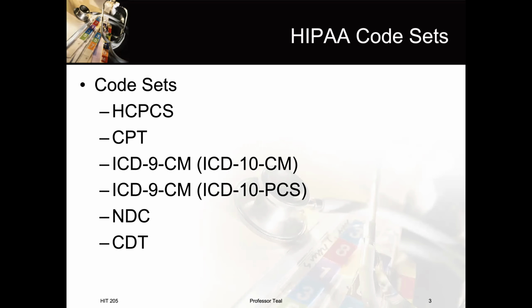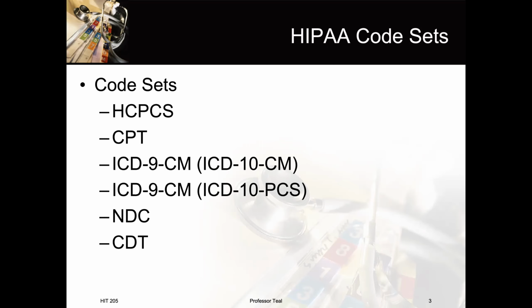Next, we have ICD. So the International Classification of Diseases, 10th Revision Clinical Modification, or ICD-10-CM, is used for diagnosis reporting on both inpatient and outpatient. ICD-10-CM replaced volumes 1 and 2 of ICD-9-CM.